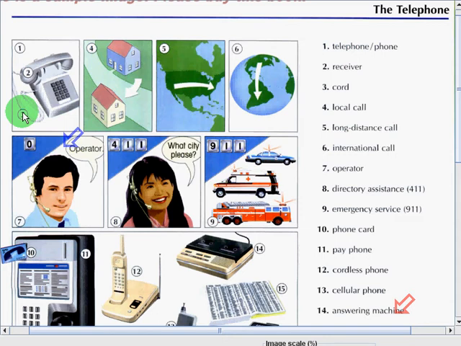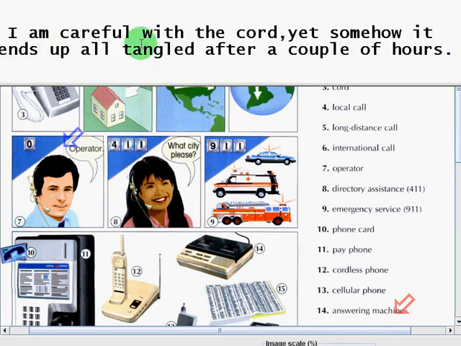The power is the electricity. But this one is what you call a telephone cord. Curly telephone cord. Now, let's try to make a sentence for that word. I am careful with the cord, yet somehow it ends up all tangled after a couple of hours.